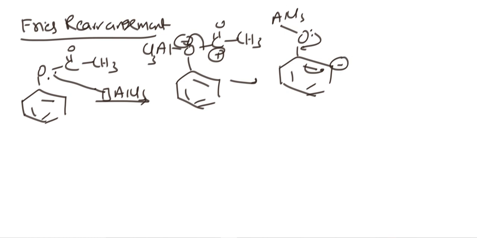Wherever a double bond is forming, AlCl3 is eliminated. Here the pair is shifted, no? Pair shifted means a double bond forms here and AlCl3 is separated. Please keep that in mind. Then here is the negative charge, and the electrophile is generated.